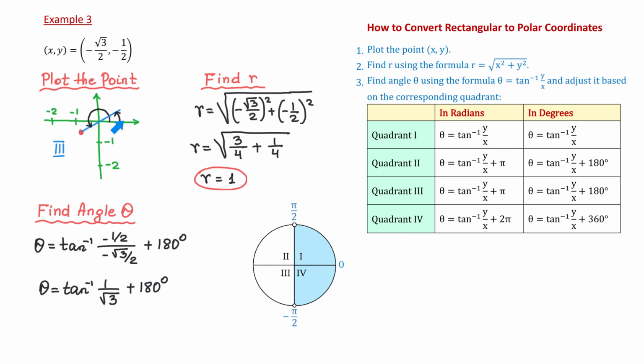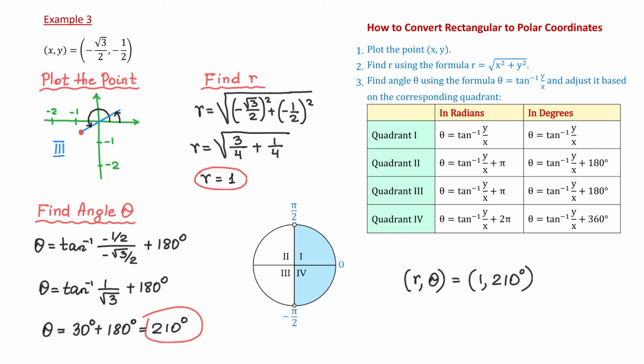Then if we have this angle in quadrant 1, to get the angle in quadrant 3, we have to add 180 degrees. So then theta equals 30 degrees plus 180 degrees, and this equals 210 degrees. So the polar coordinates r and theta are 1 and 210 degrees.